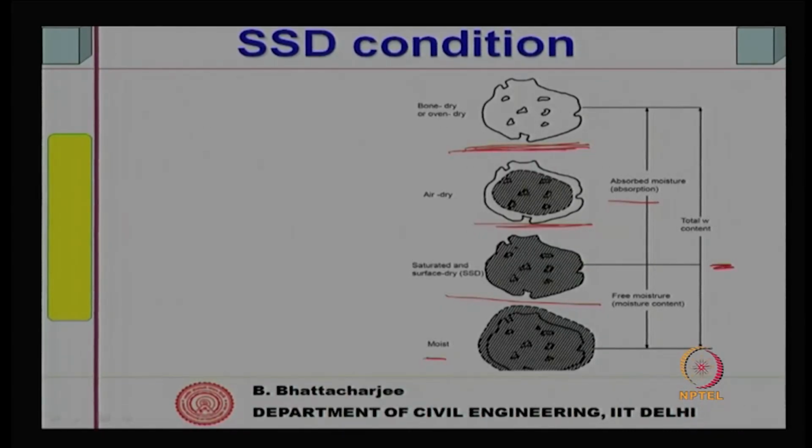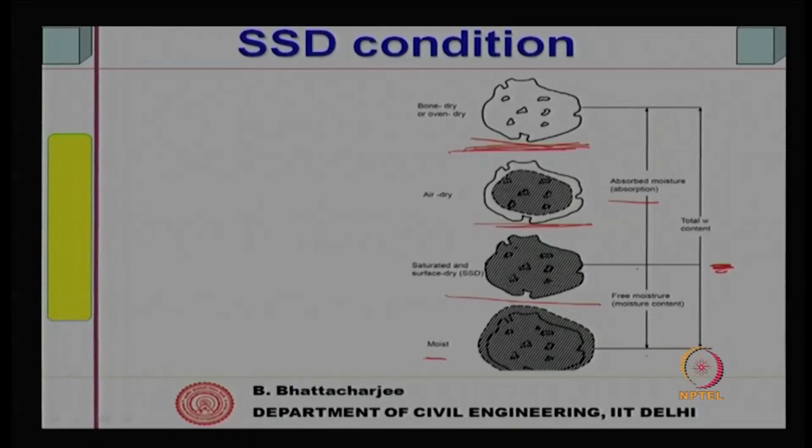So, these are absorbed moisture and this is also absorbed moisture. This will have some free moisture from this point to this point, excess water outside, and in our standard condition we do not consider this, because this is a fixed condition. This might vary depending upon porosity, but this is the standard condition, and the water inside will be absorbed by the aggregate and will not be available for reaction.